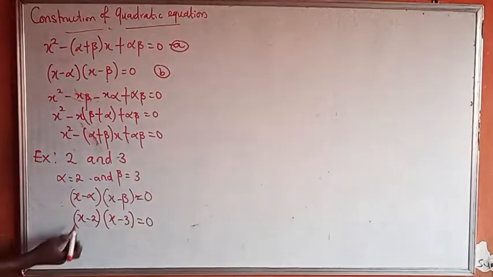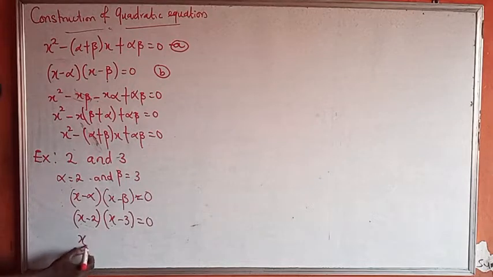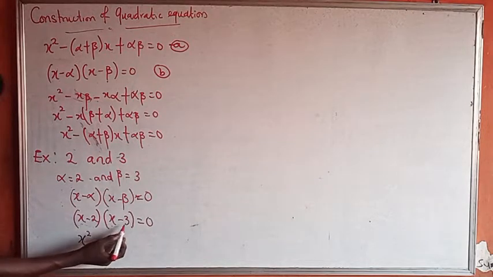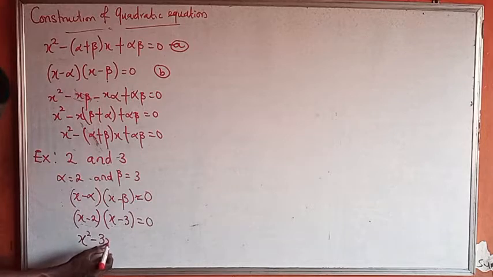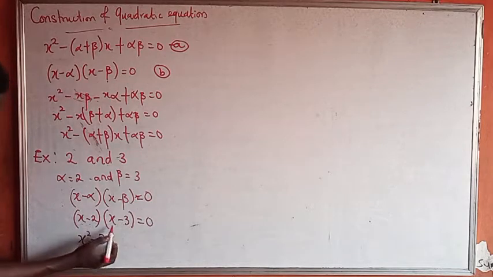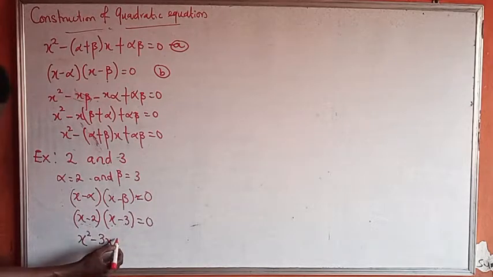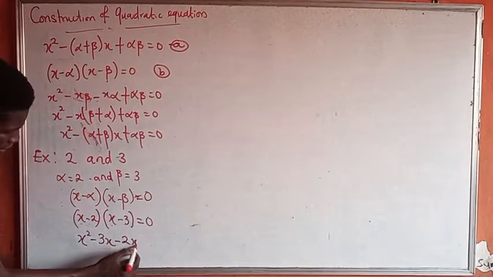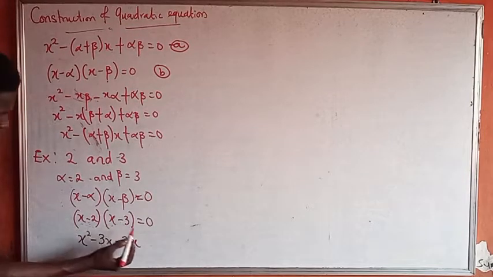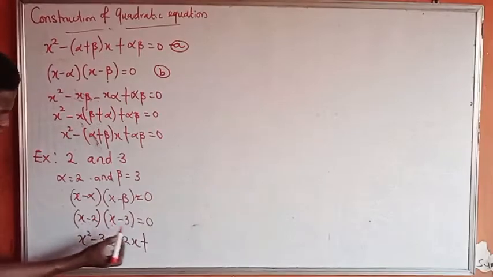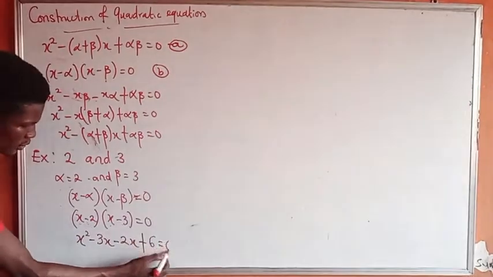That will now be x times x gives x squared. X times minus 3 gives minus 3x. Minus 2 times x gives minus 2x. Minus times minus gives plus, 2 times 3 gives 6, equals 0.